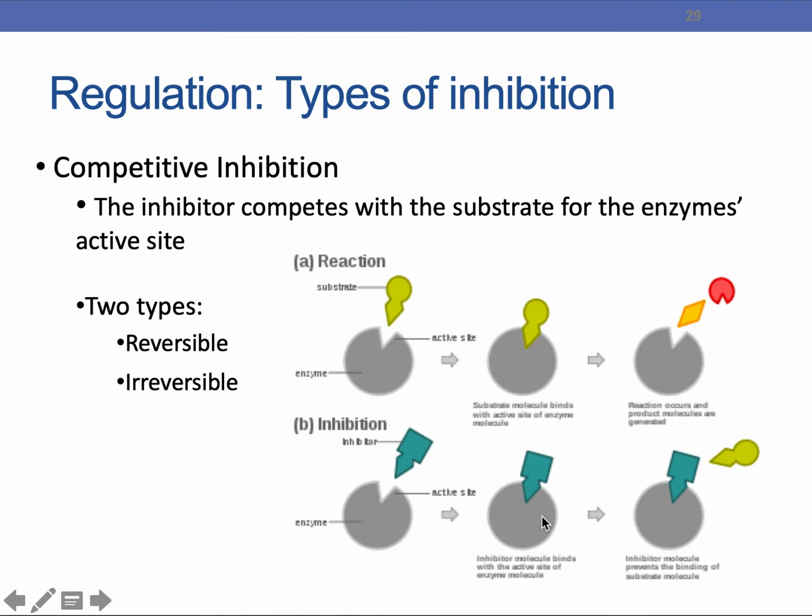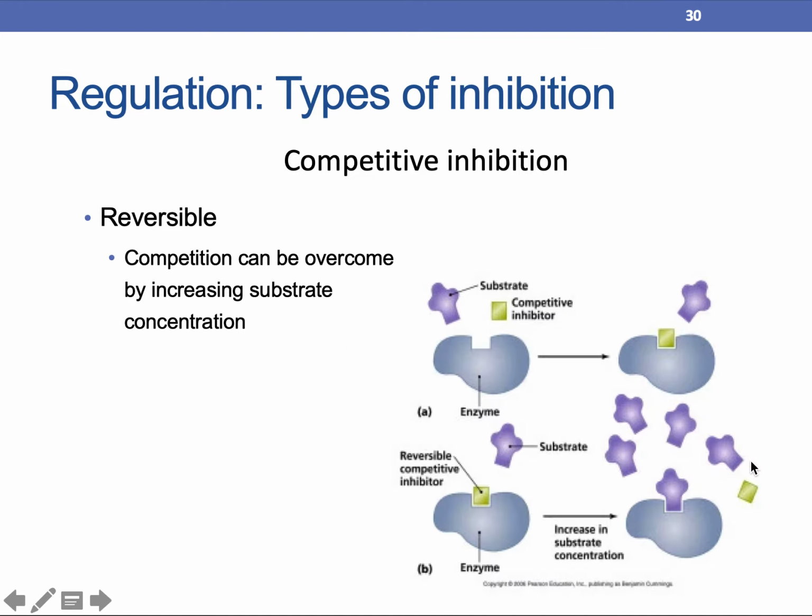You have a complex that is formed that is not an enzyme substrate complex, but an enzyme inhibitor complex, and therefore the substrate is not able to bind to the active site, no products are produced, and so the reaction does not proceed.